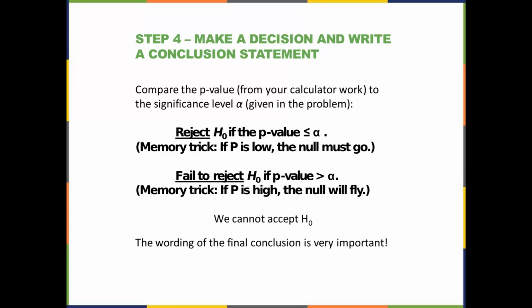And this is important. We don't accept anything, or we don't prove anything when we do hypothesis testing. We are either rejecting or failing to reject. And so that language is really important.